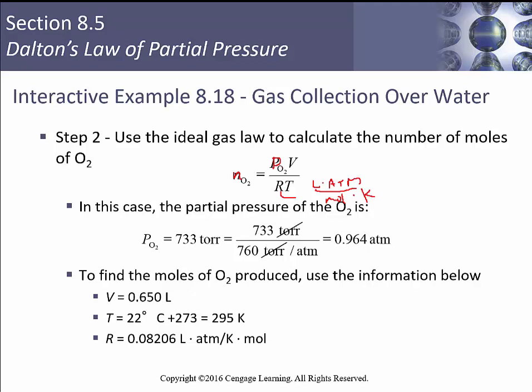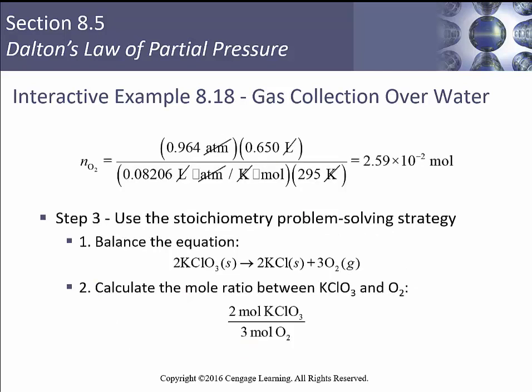To find the moles produced, we're going to use our volume, our temperature in Kelvin, and our pressure in atmospheres, and the ideal gas constant in liters atmospheres per mole Kelvin. So rearrange to find n. So n is equal to PV over RT.